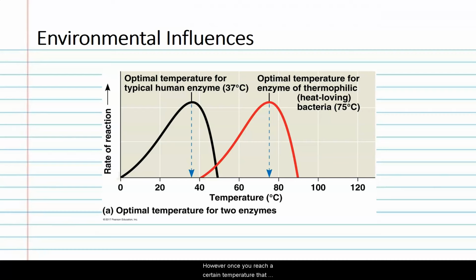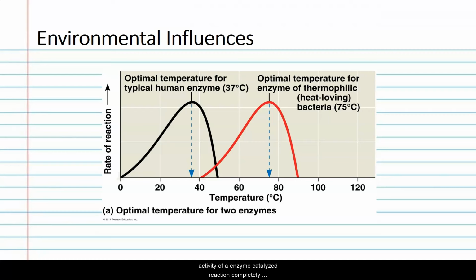However, once you reach a certain temperature, the enzyme itself, remember it's three-dimensional and it's made of protein, the shape of the protein can get distorted. So in the case of human enzymes, once we get above 37 degrees Celsius and really up above 40 degrees Celsius, our enzymes completely lose their shape.